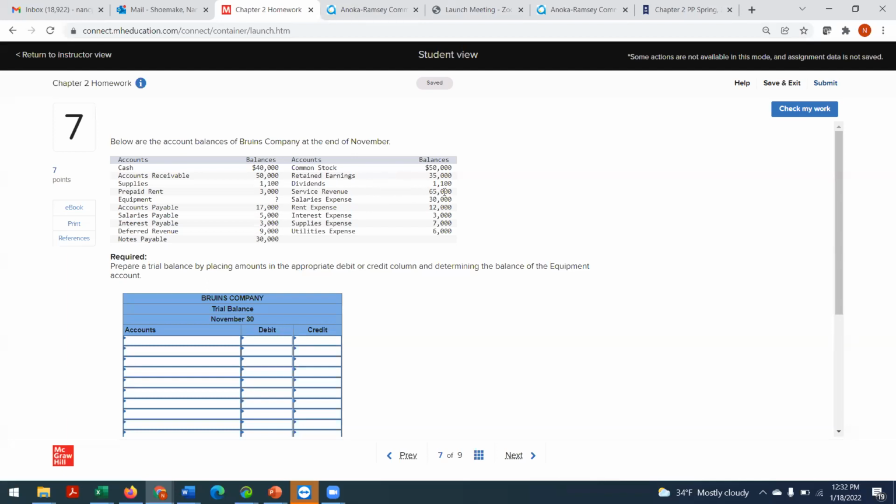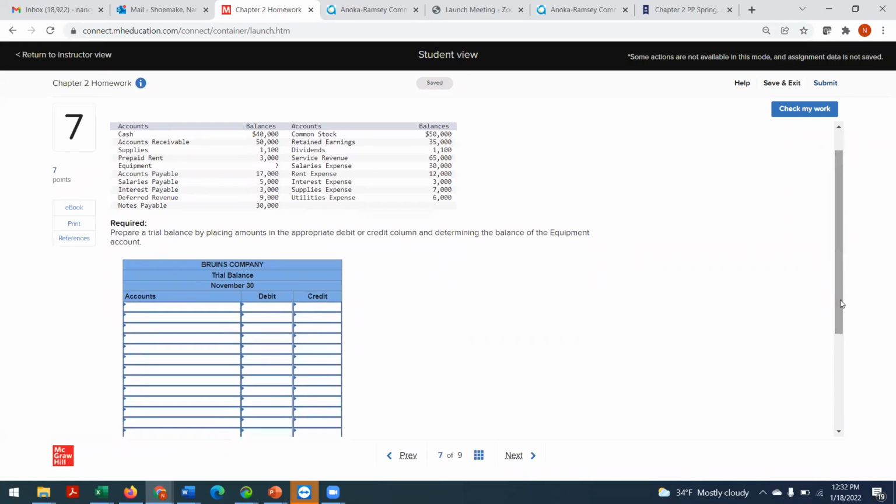The revenue has a credit balance, but dividends and expenses have a debit balance. So if you put all these in, and even though they don't tell you the balance of equipment, you can figure it out because debits must equal credits. So as long as you have all your credits in here correctly, you'll know what the debit balance needs to be and you can plug in your equipment.